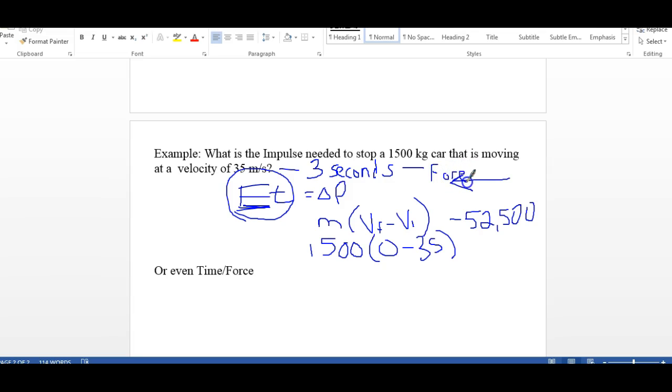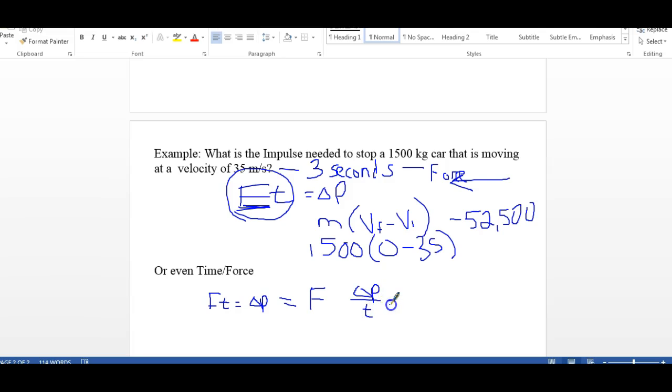We start off with this equation again. Ft equals the change in momentum. Since we have the time, we can rearrange this equation so the force equals the change in momentum divided by the time.